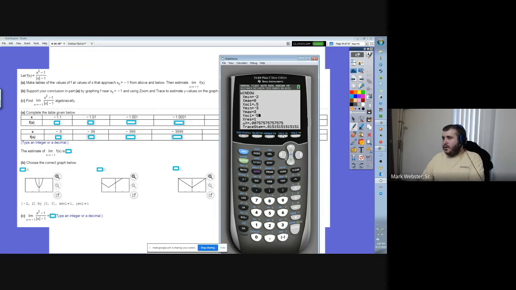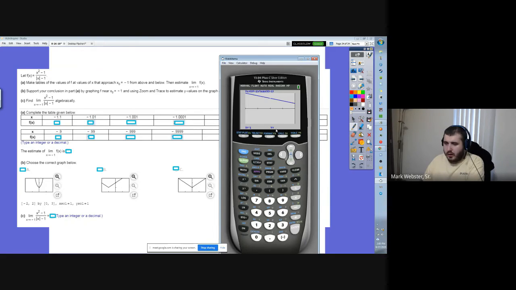And then what you want to do from here is hit the trace button, not graph, but trace. So we want to figure out as x goes to -1, what happens, right? If I try and just plug in -1, it gives me an empty thing here, right?